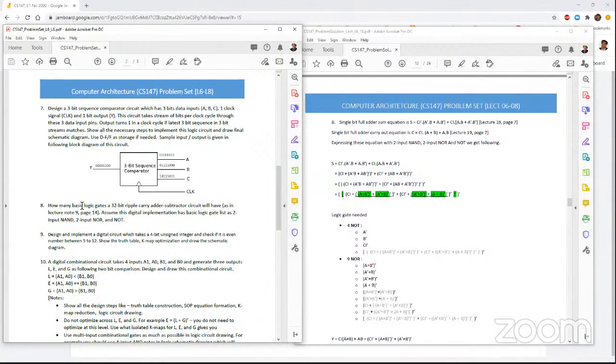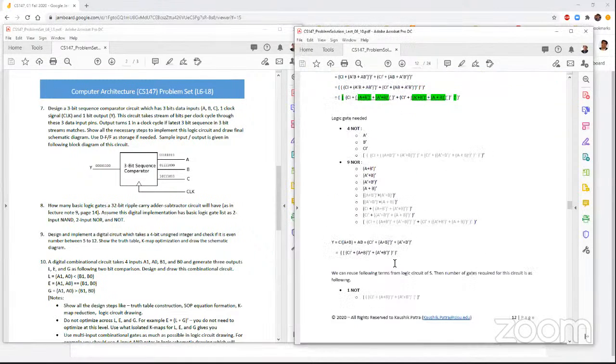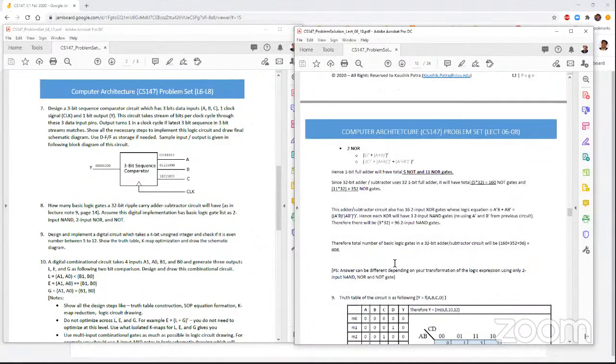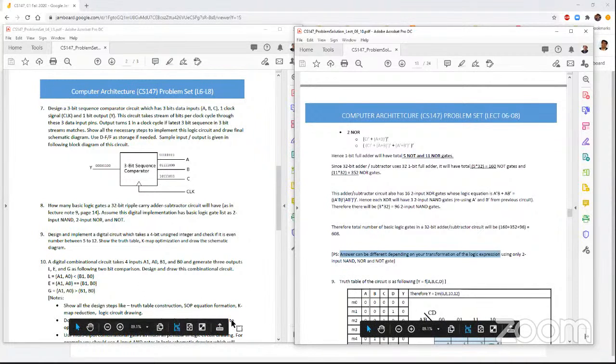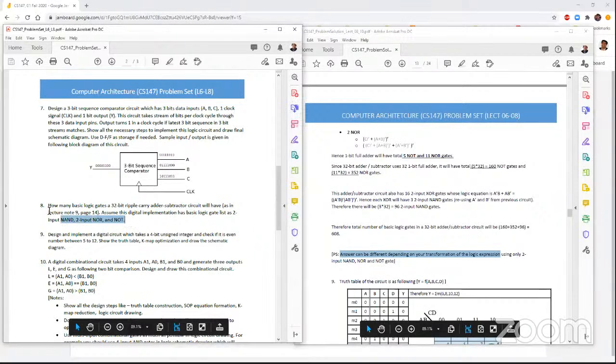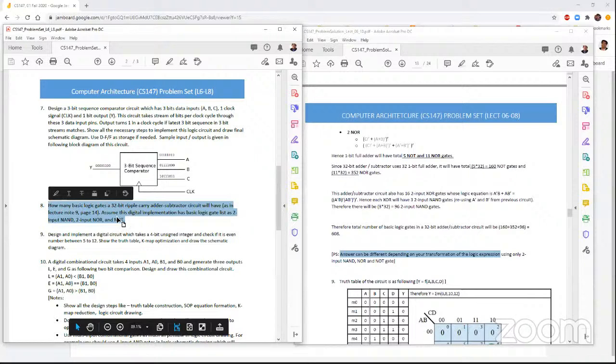If we talk about basic logic gates, the answer can vary. As the last footnote says, depending on your transformation of the logic expression using 2-input NAND, NOR or NOT, your circuit and component count can vary. But it's basically exactly this one.